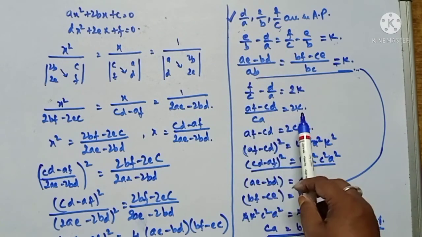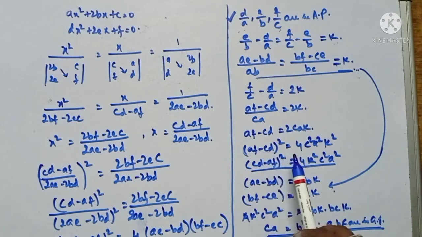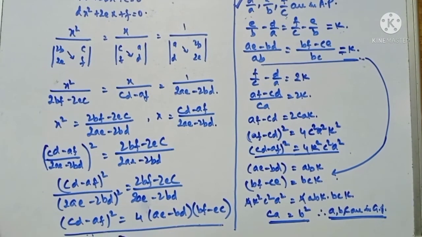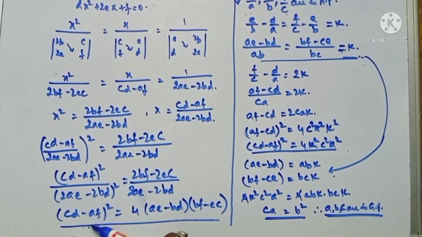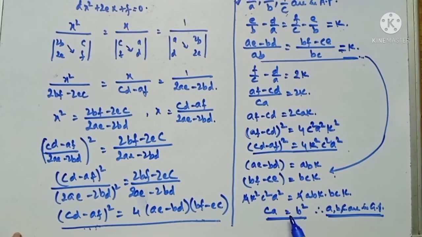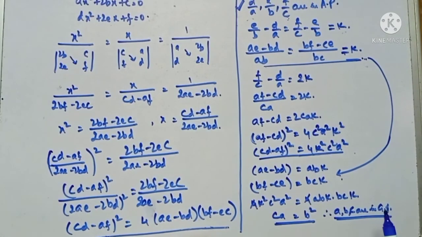So from here I got this, and when I placed it here, squaring both sides, this is the result of this part, and this is the result of this, and from here I got these two results. When I placed them I got b square is equal to ca, that is a, b, c in GP.